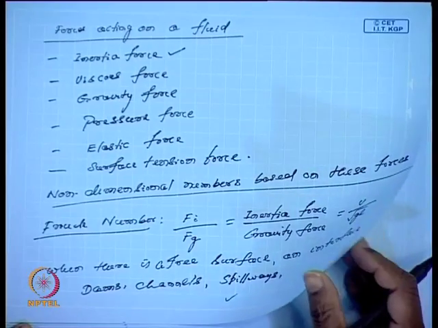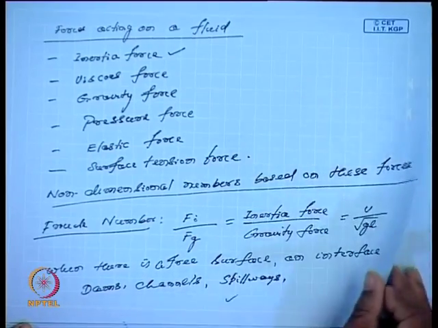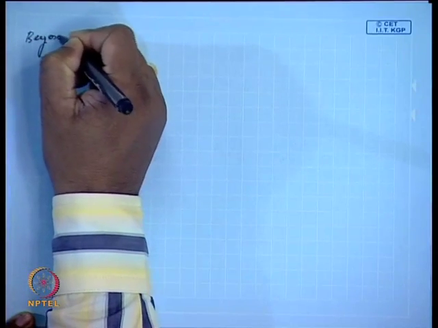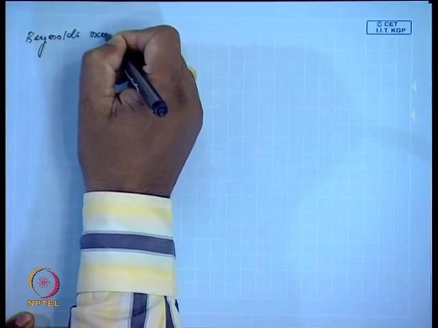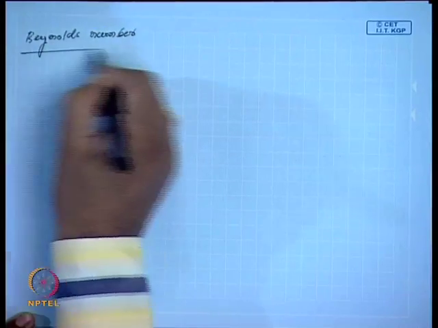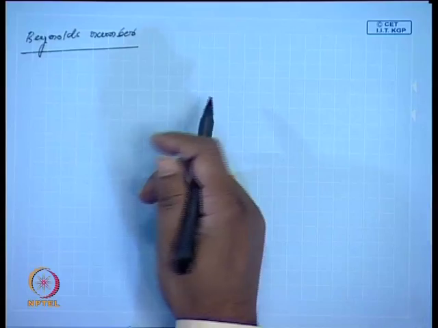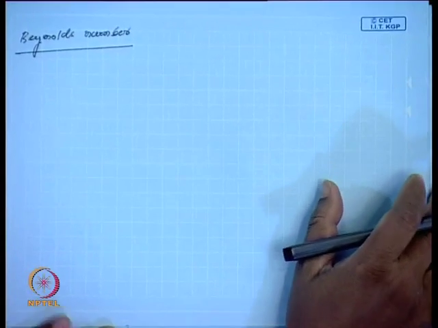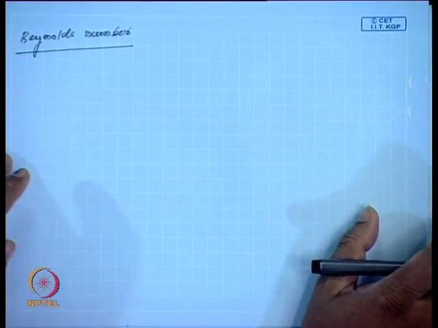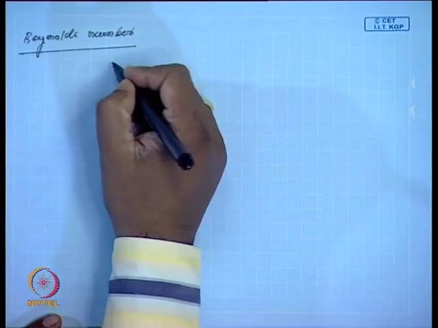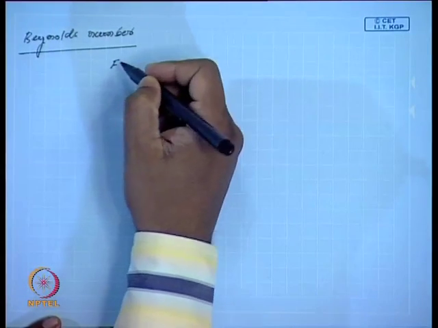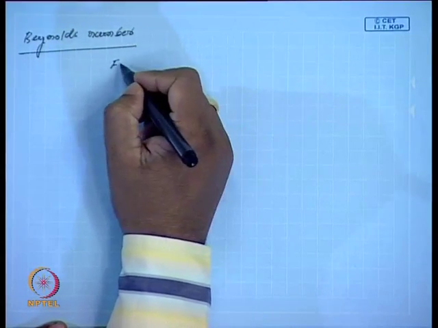Now another number of this type is what we call the Reynolds number. As I mentioned, these forces play a very significant role in characterizing the flows. If you look at the Reynolds number, it is again the ratio of two forces.